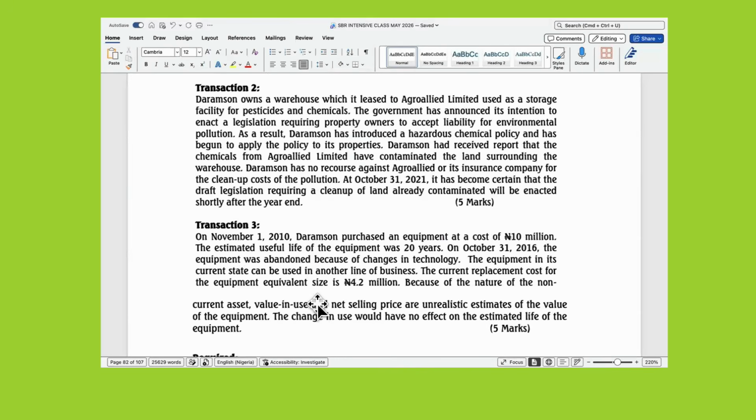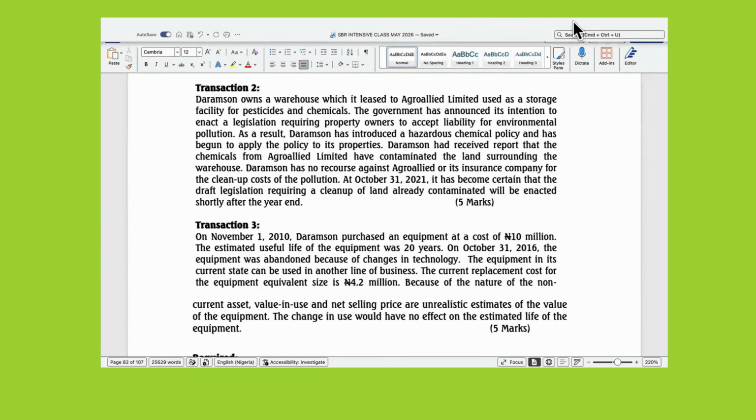The third one, it says on November 1st, 2010, the Ramsey purchased an equipment at the cost of 10 million. The estimated useful life of the equipment was 10 years. On October 31st, 2016, the equipment was abandoned because of change in technology.